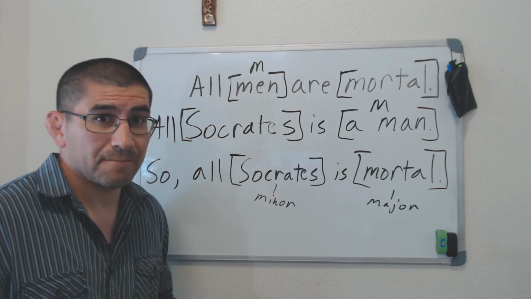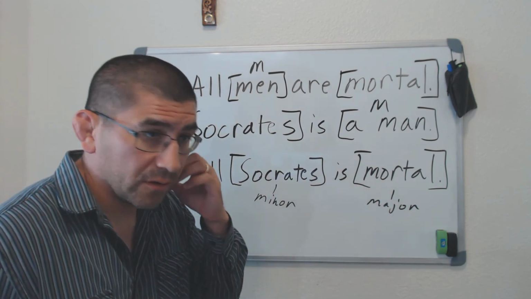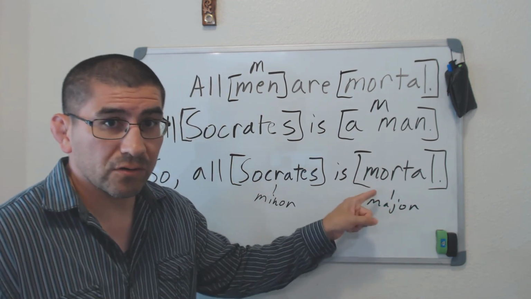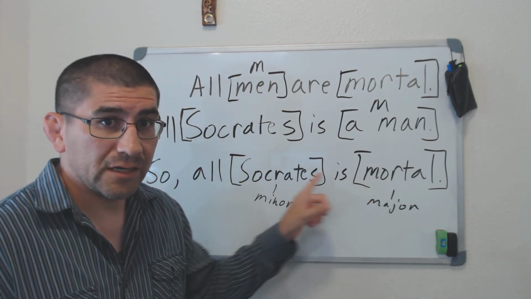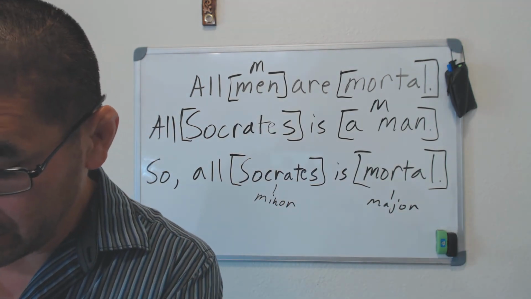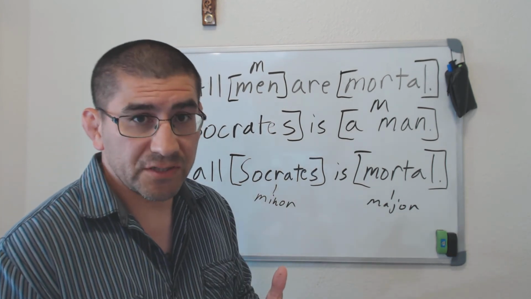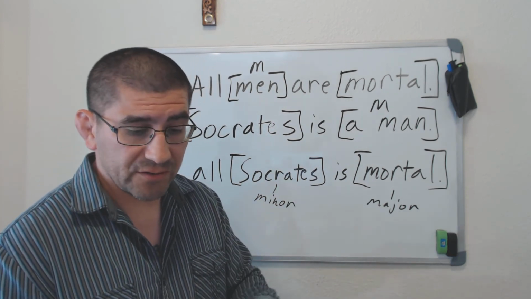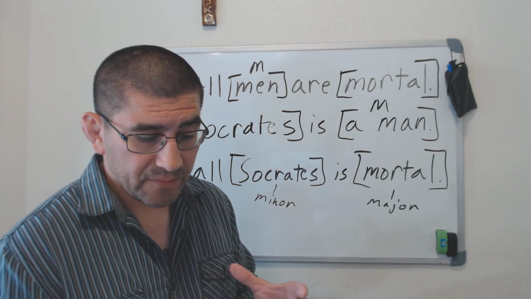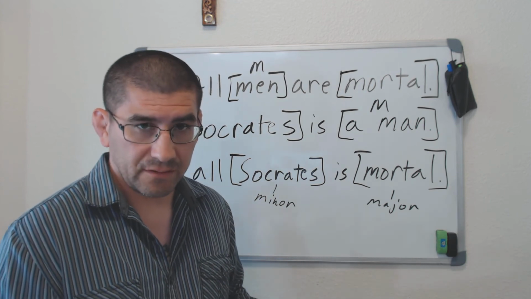So we pass that. But now we have to check the other term. Look at this term right here, mortal, the major term. Is it distributed? Mortal, in an A proposition. Now, if you're still confused about proposition distribution, you could just look at the bottom of page 245. This is right after page 243, where you see the rules of validity, and you'll see another chart with the distribution.